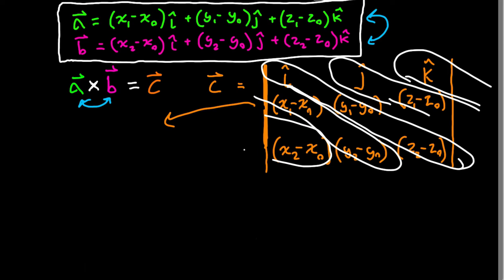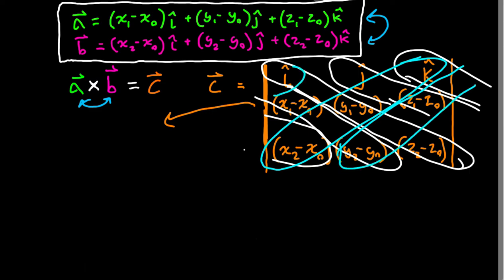We're multiplying those three diagonals, so it crosses over at the end and goes back to the beginning. And then we're going to subtract these opposite diagonals. This one, and this one. And that's made things really messy, but that's all you do to evaluate a determinant.